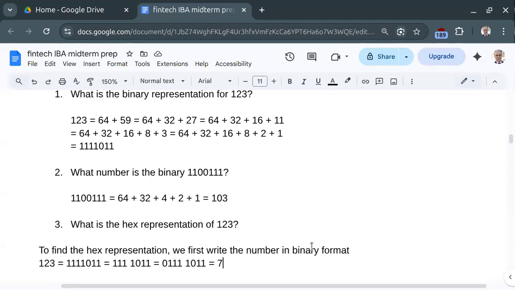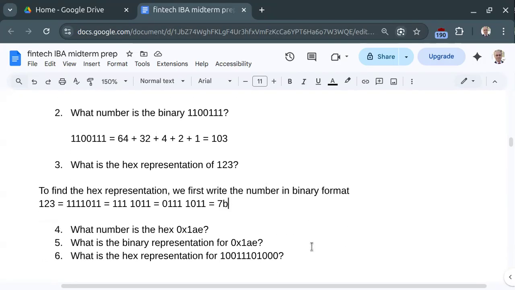And we know that the number 11 in hexadecimal format is B, right? Remember, A is your 10. Okay, so B is 11. So this is your hexadecimal format.